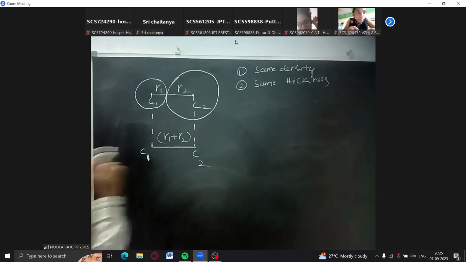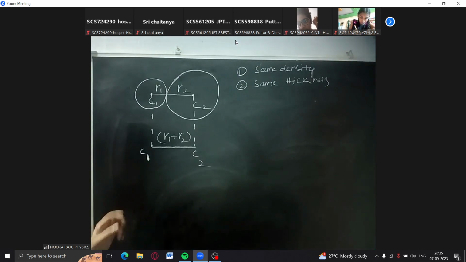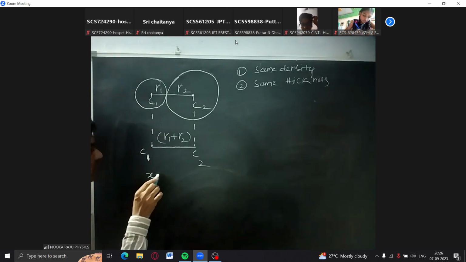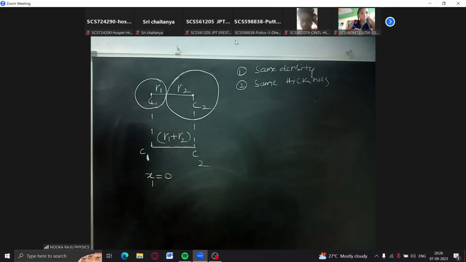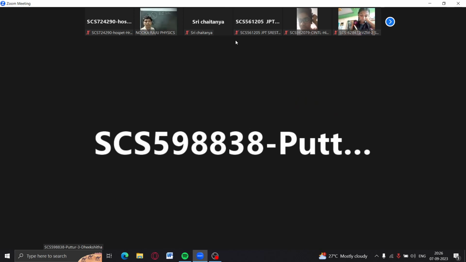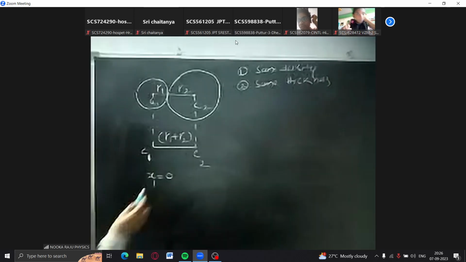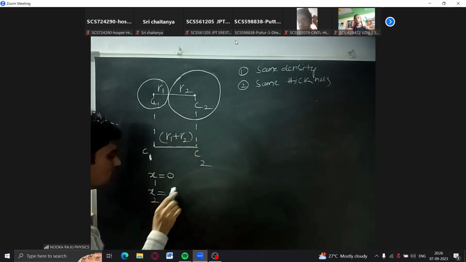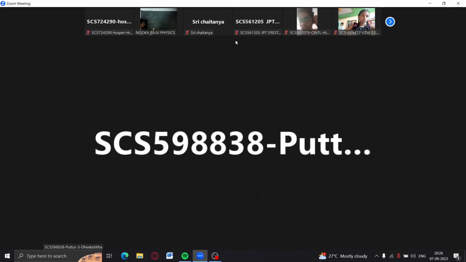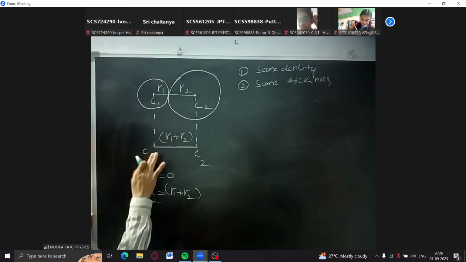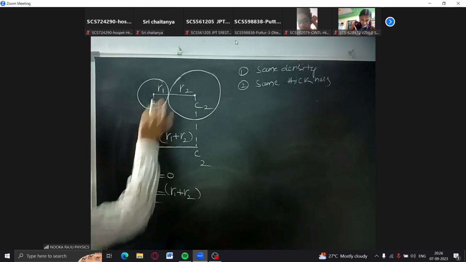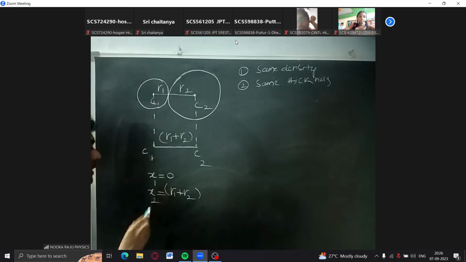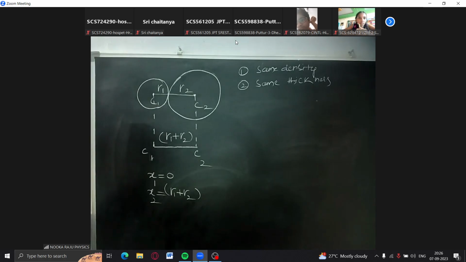Let x1 equal 0, because this is a fixed point. What about the x2 value? x2 equals R1 plus R2.